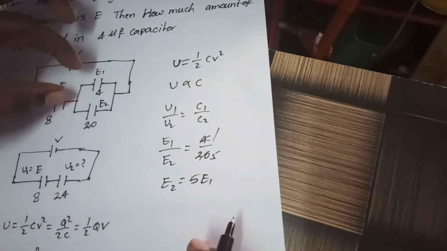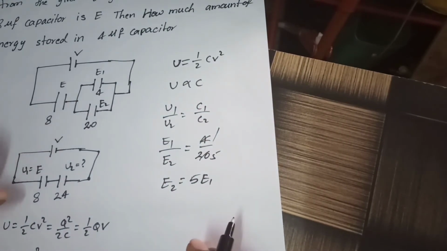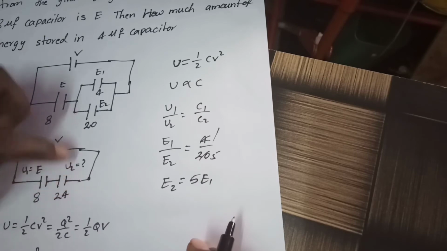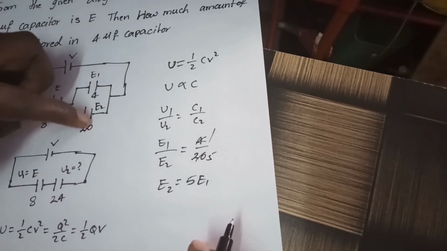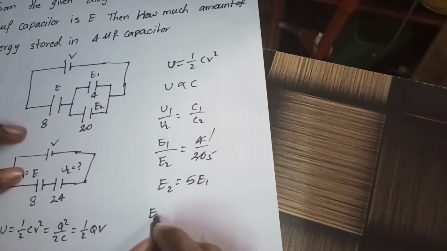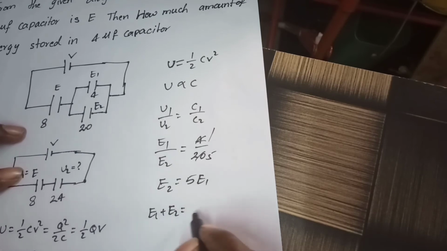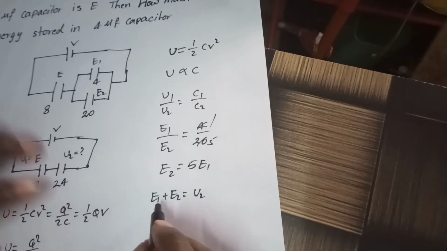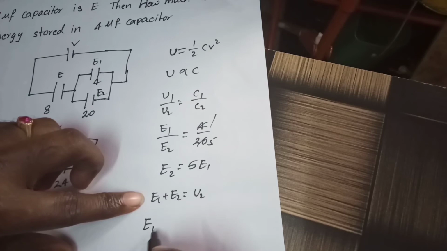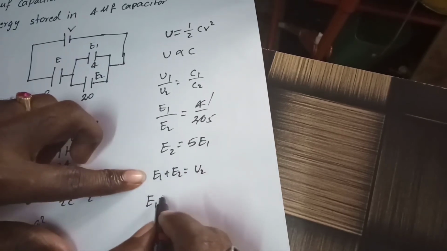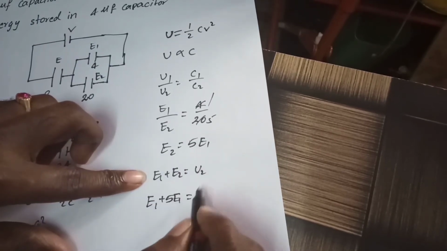This is one relation between E1 and E2, and one more relation is there: U2 is the total energy for these two capacitors, that means E1 plus E2 is equal to U2. E2 we already got, 5E1, is equal to the U2 value.